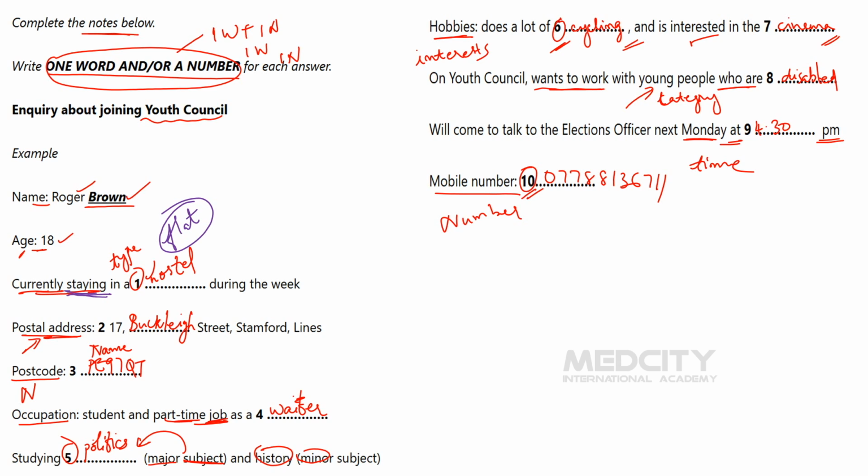Then you would have heard another distractor here. For example, when asking about the part-time job, he says that initially he worked as a courier and now he works as a waiter. This is again a distractor. Then when it comes to the time, you would have noticed multiple times being mentioned. They initially say that the elections officer will be there till 5:30.